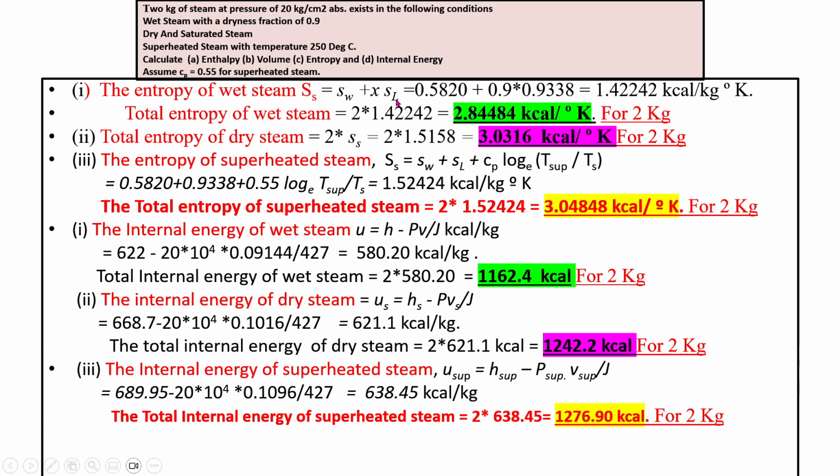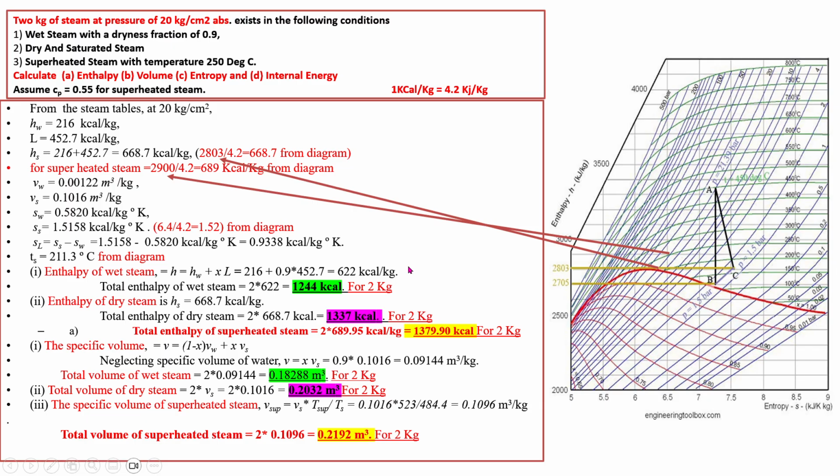Similarly, the entropy also for the wet steam is SW plus X into SL. SL we have calculated, SL value we have calculated in the previous page.